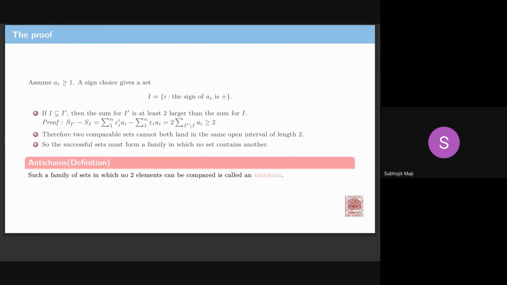So if any two sets of that family cannot be compared, that is, you can't find two sets within the family such that one contains the other, we call it an anti-chain. Am I clear, or are there any other doubts? Okay.